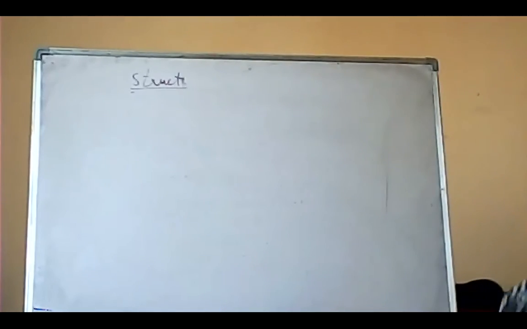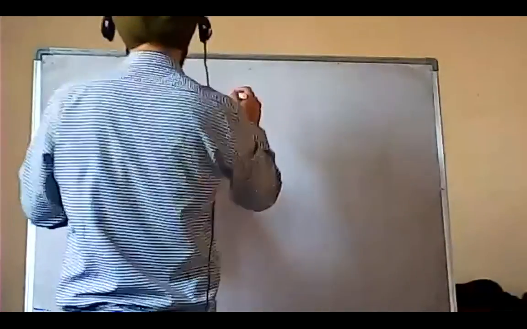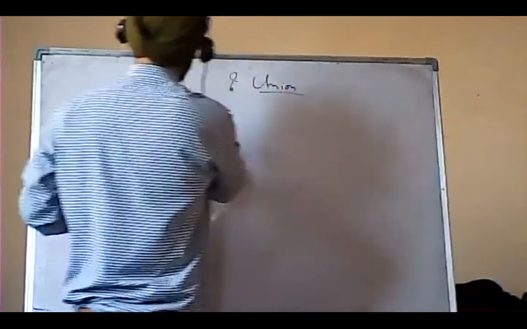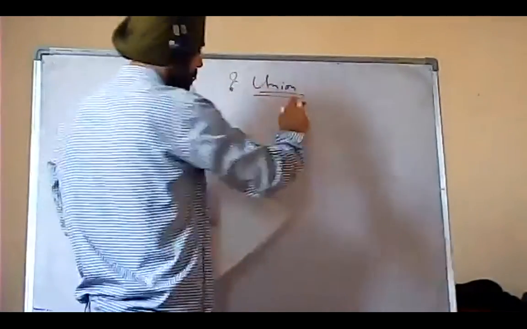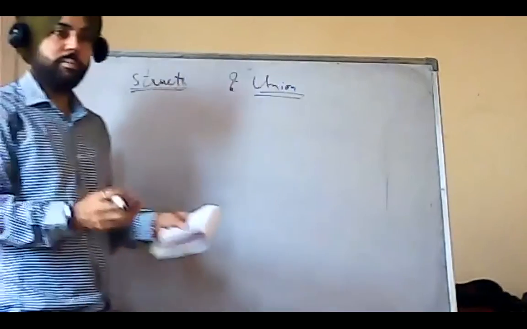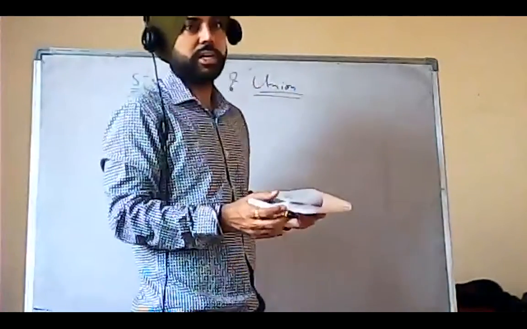And if we are talking about the union part, in that case we use the union keyword. Both are the same, with a little bit of difference between structure and union.